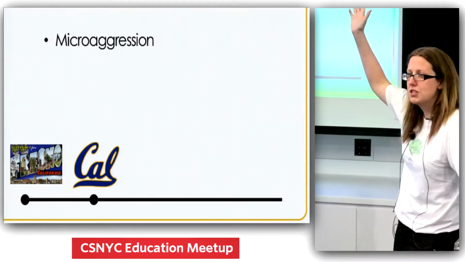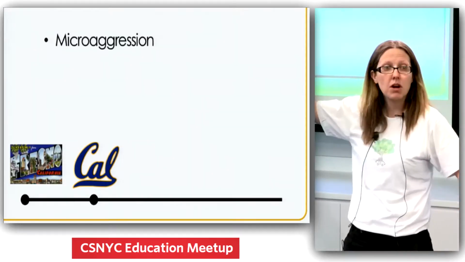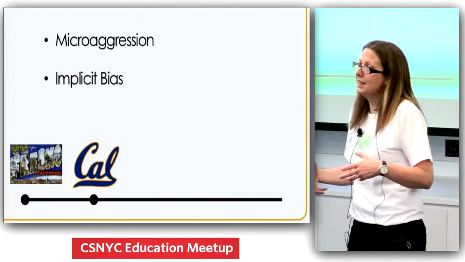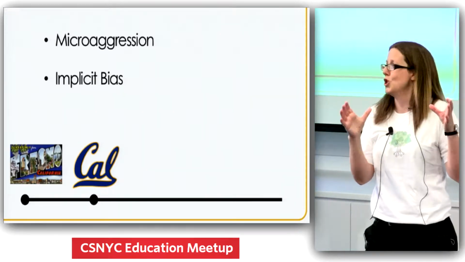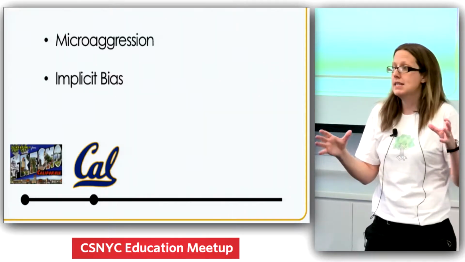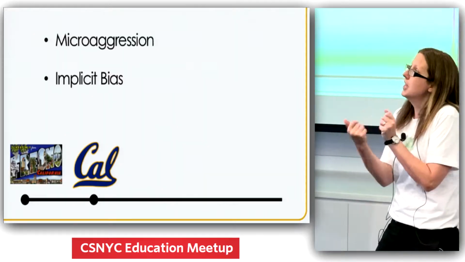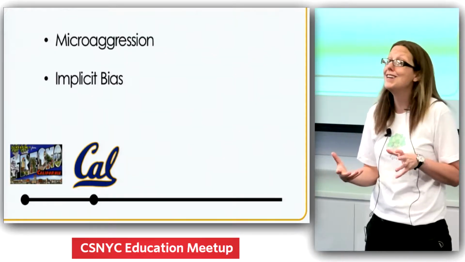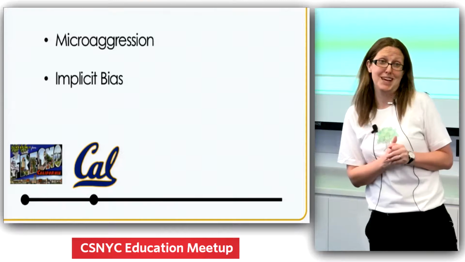So have people heard the term microaggression? Okay, so microaggressions are these things, I think micro is sometimes the wrong word. Sometimes they're macroaggressions, but they're these little things where, here's an example that I currently get. People say, Colleen, you're too young to be a computer science professor.